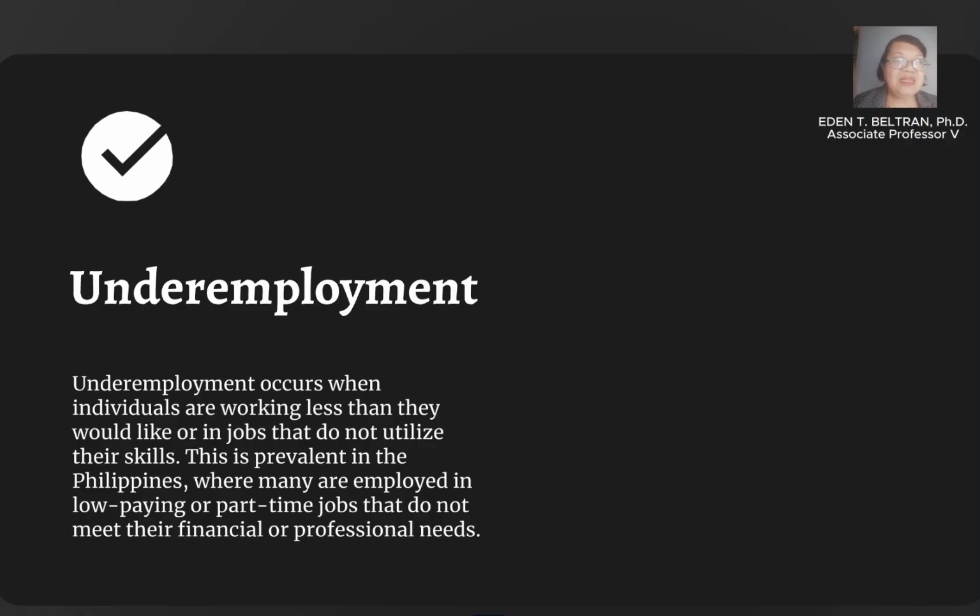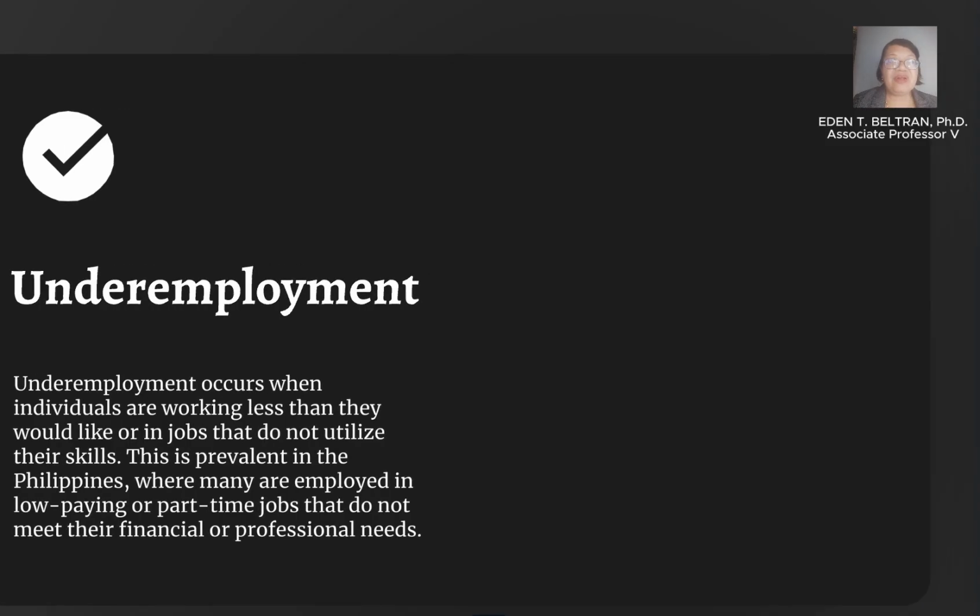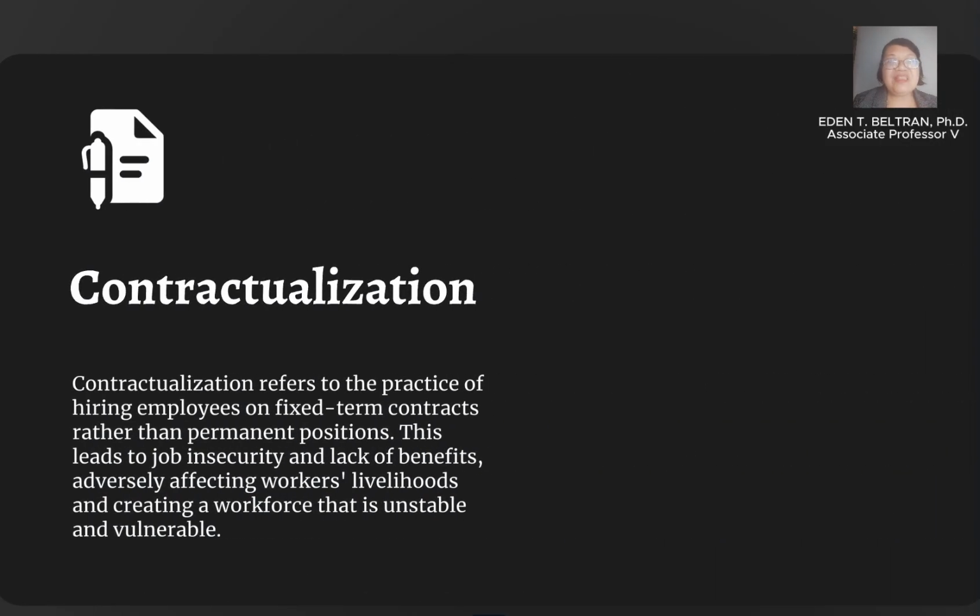So many Filipinos are employed but unpaid, or they are employed but insecure because of their status as contractual workers, or employed but they are not given social protection.